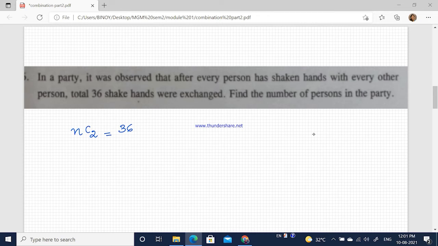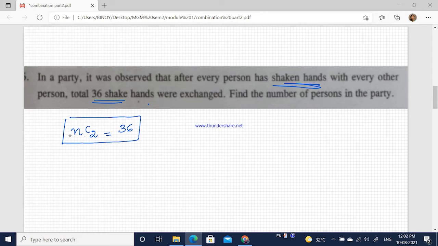You are asked to find the number of persons in the party. So in the party, after every person has shaken hands with each other, a total of 36 handshakes were exchanged. We are asked to find the number of persons. So the equation is nC2 equal to 36.